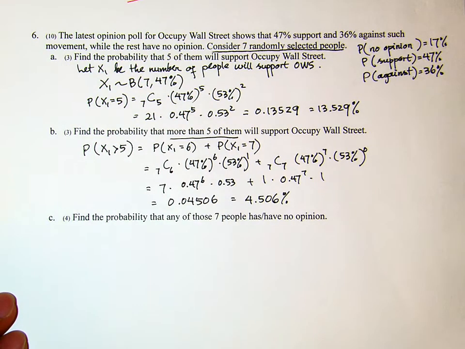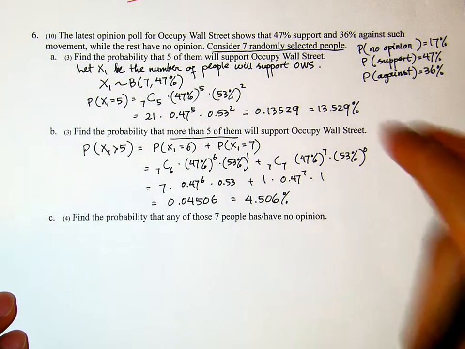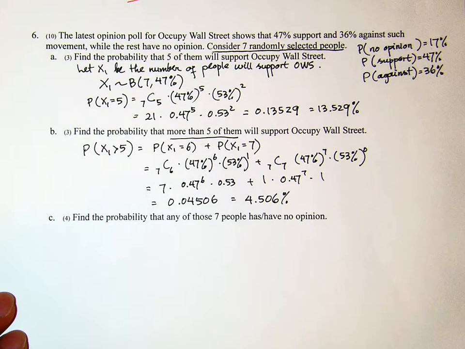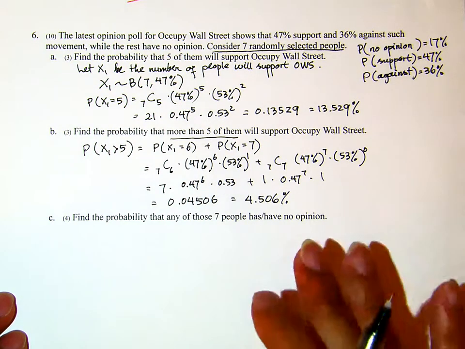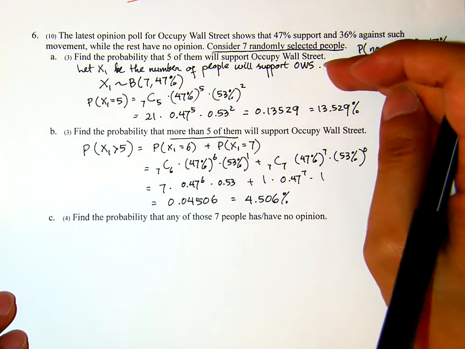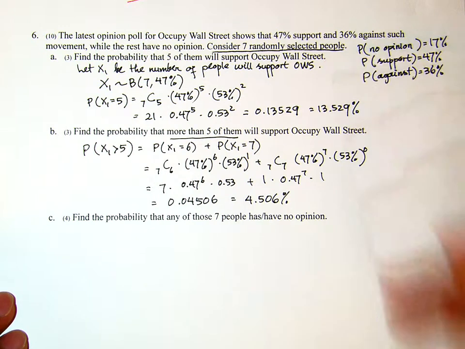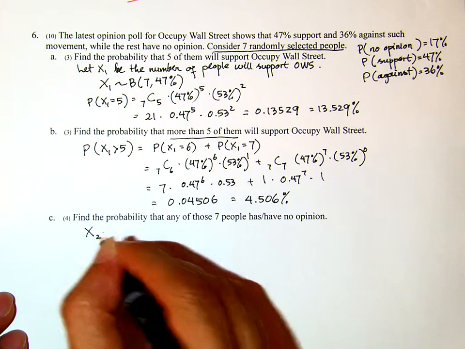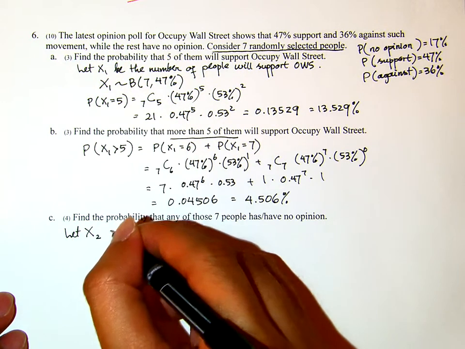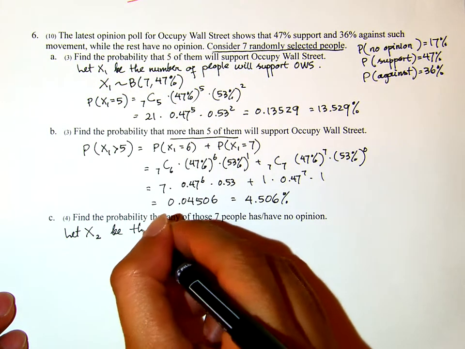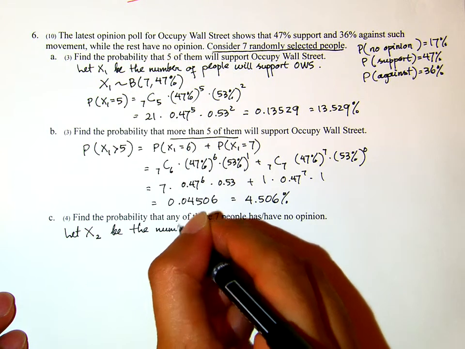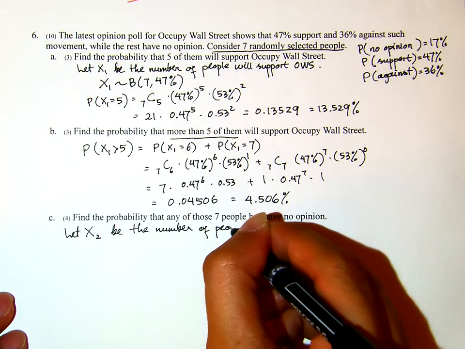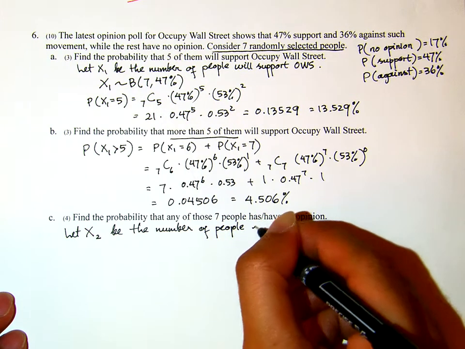Find the probability that any of those 7 people have no opinion. Notice that this is not about the number of people supporting Occupy Wall Street. It's about no opinion. So we need to define a new random variable. Let x2 be the number of people having no opinion.